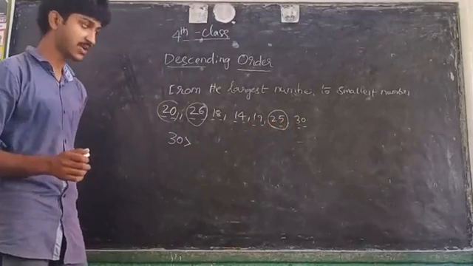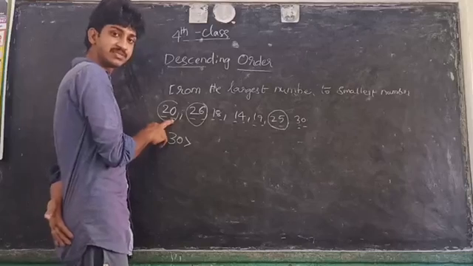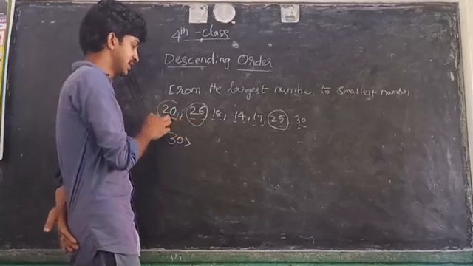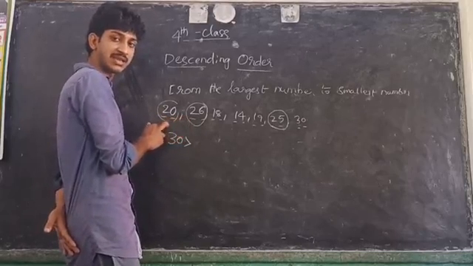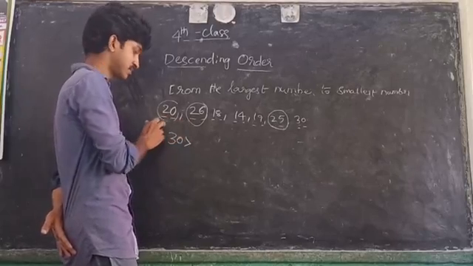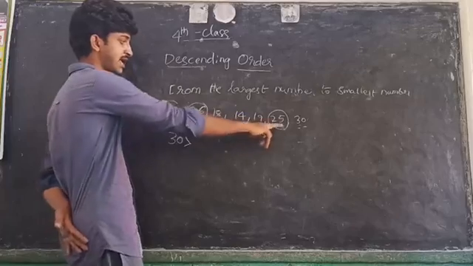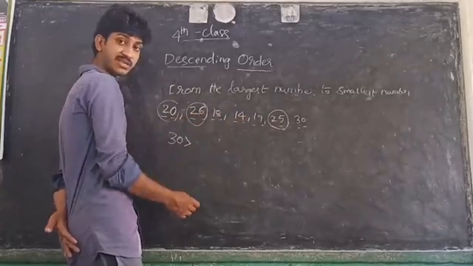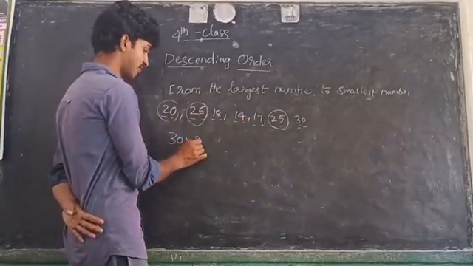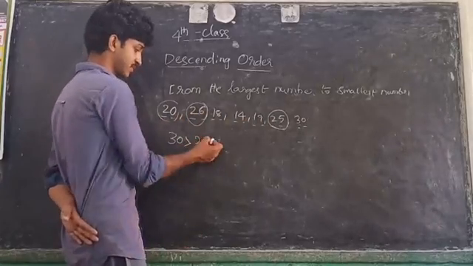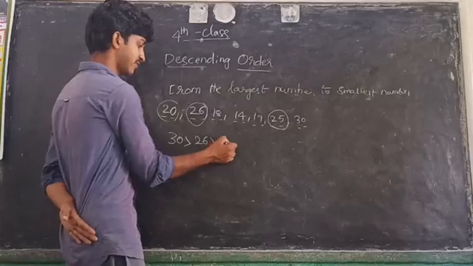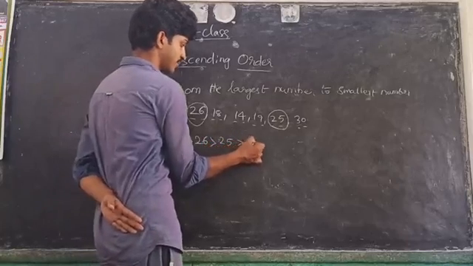What is the next highest place? Ones place, because it is the last place. In ones place, which number is highest? Here 0, 6 and 5. Which number is greater? 6. So after 30, 26 is greater than 25, and 25 is greater than 20.